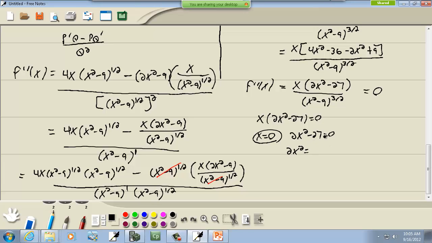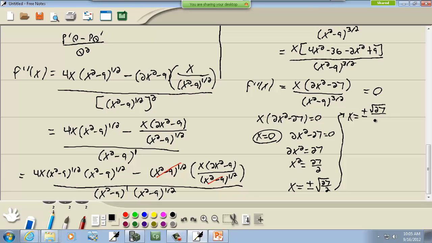Well, here, take negative 27 on the right side, becomes a positive 27. Divide both sides by 2, and we get x squared is equal to 27 over 2. Square root property. Drop off our squared, put a plus or minus square root around the other side. Now, we can't have a fraction inside of a square root, so we'll split it up.